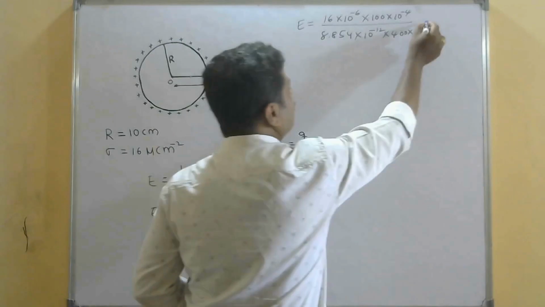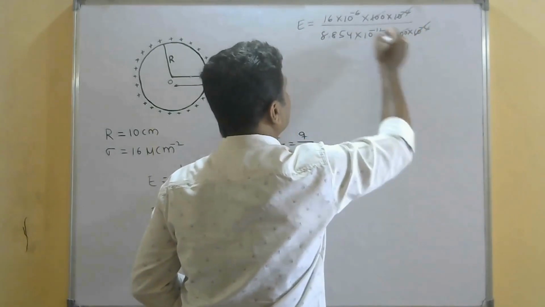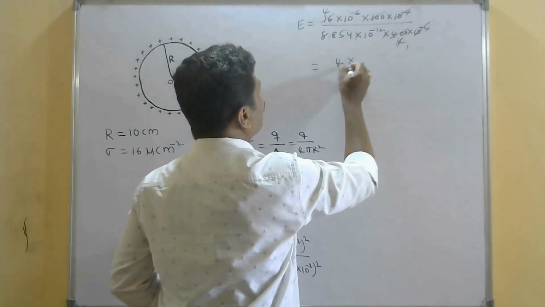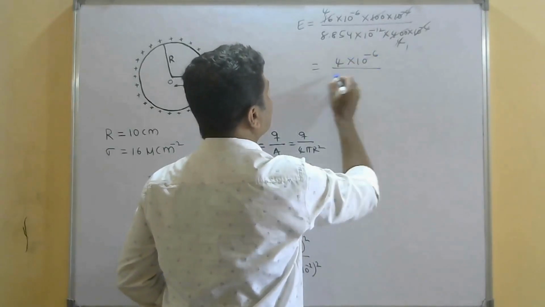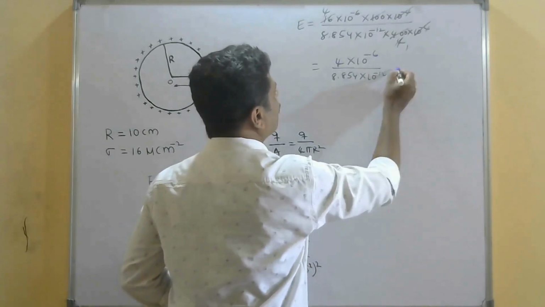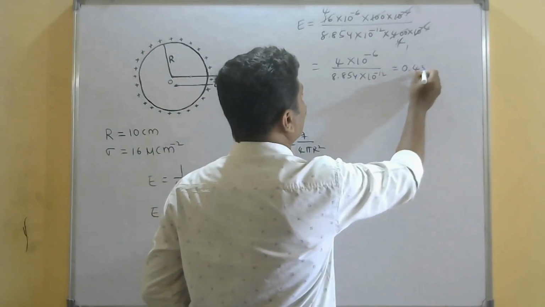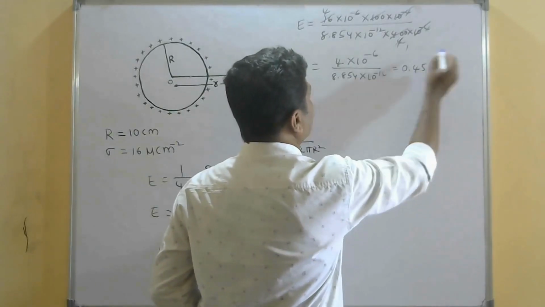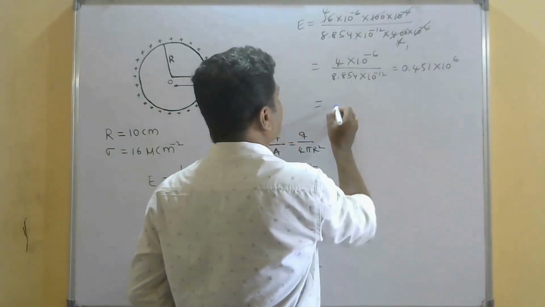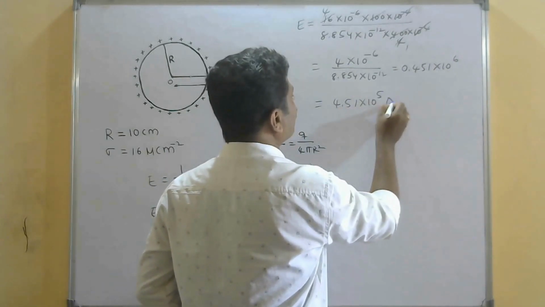The 10 to the power of minus 4 cancels, and 100 goes into 400 four times. So we are left with 4 times 10 to the power of minus 6 divided by 8.854 times 10 raised to minus 12. On simplifying we get 0.451 into 10 raised to plus 6. So, this can be written as 4.51 times 10 to the power of 5 Newton per coulomb.